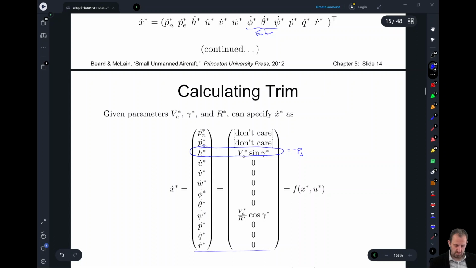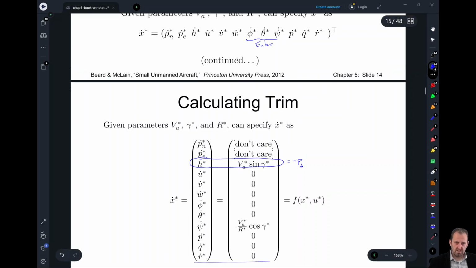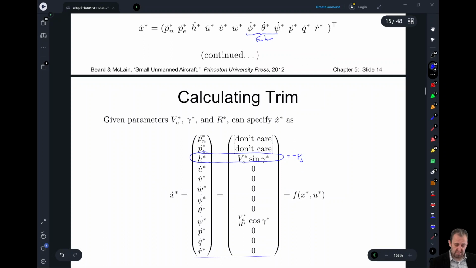And we could have also said that our R dot is equal to 0. So we're changing our yaw also at a constant rate. Okay, so this is the desired trim dynamics. And we don't care about the top 2.